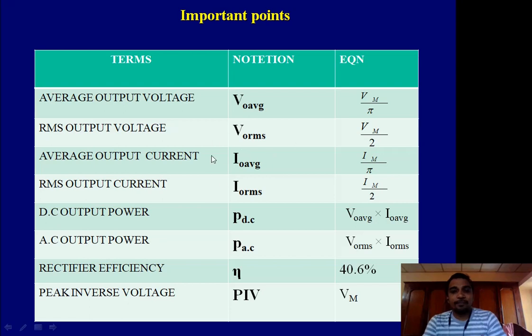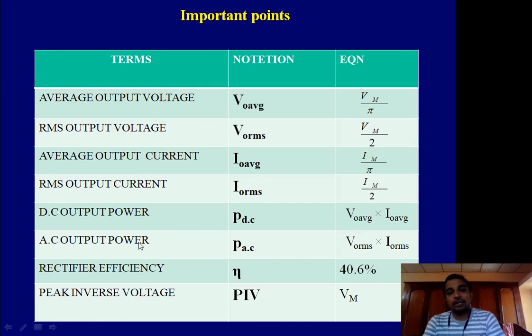These are the derivations we got. Output voltage, that is V maximum by pi, output current I maximum by pi. The RMS voltage output V maximum by 2, RMS current, that is I maximum by 2. The DC output power V naught average into I naught average.